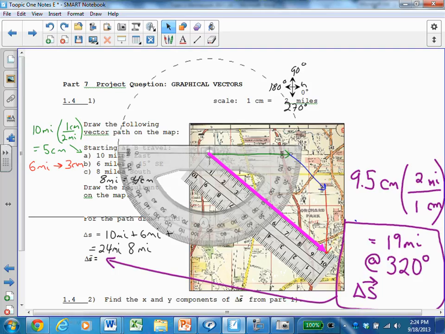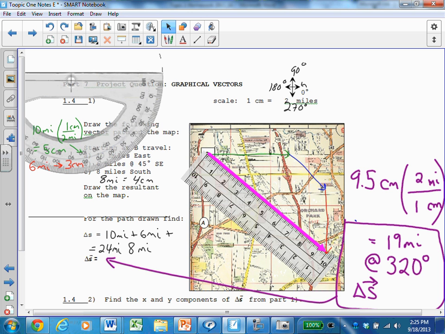The next part says to find the x and y components. Did I talk about x and y components in the first video? I will in the second one, but I can just tell you now too, because it's not that hard. The x component is the part of it that runs along the x-axis, okay? So I'm going to draw that in now. Let's see, I'll use this bright green one.